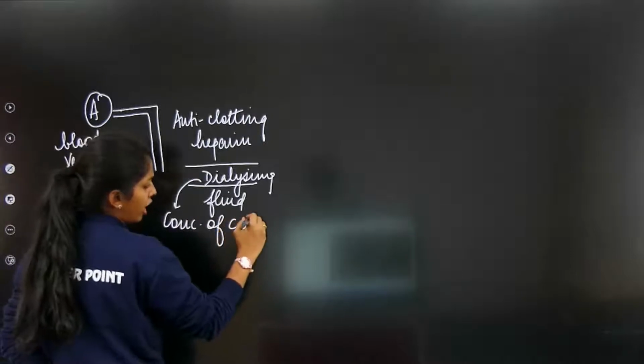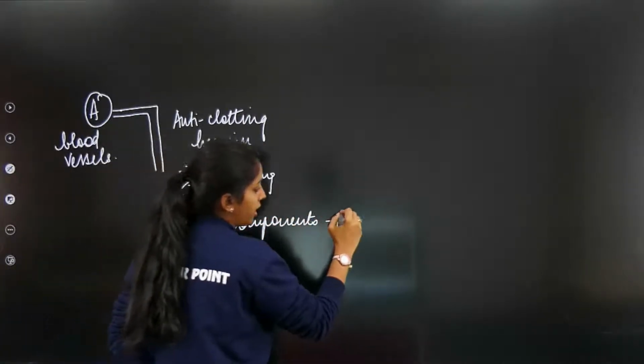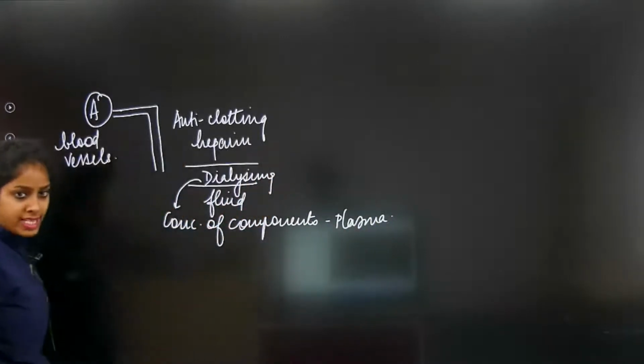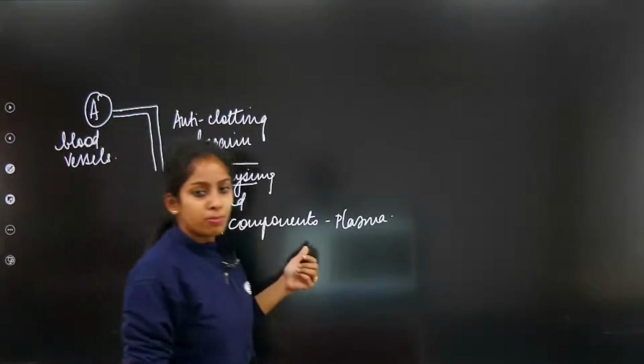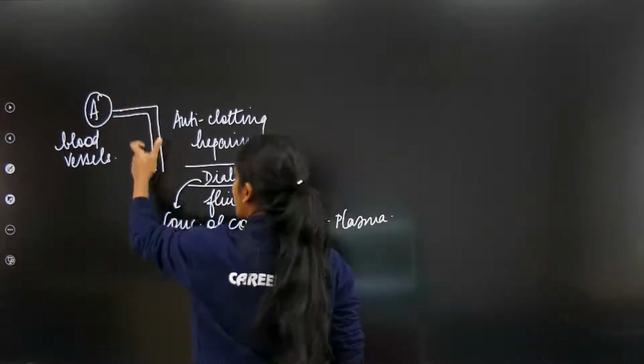This dialysing fluid will contain certain components like ions and amino acids, similar to the constituents of the plasma of the blood. It will not contain urea, but the incoming blood will contain urea.